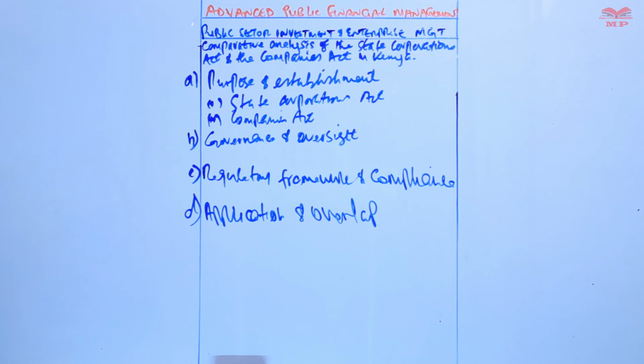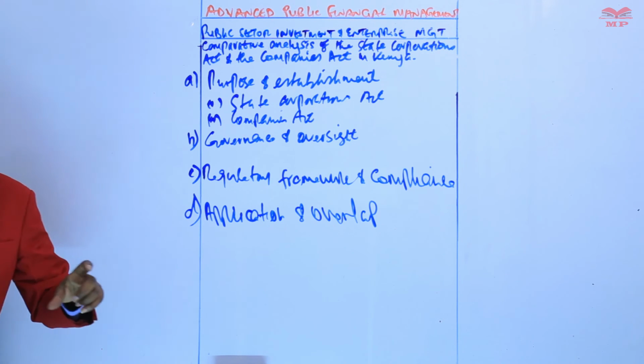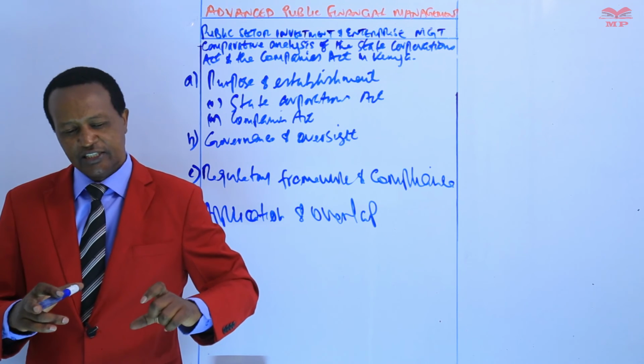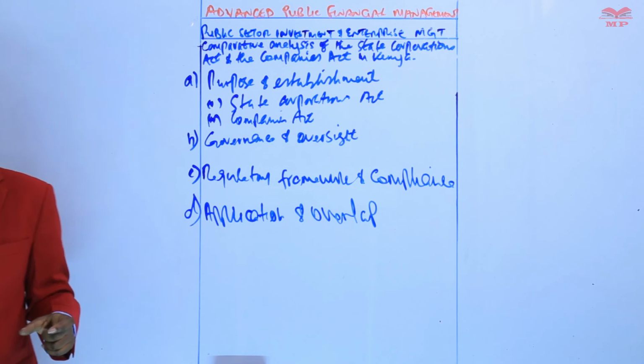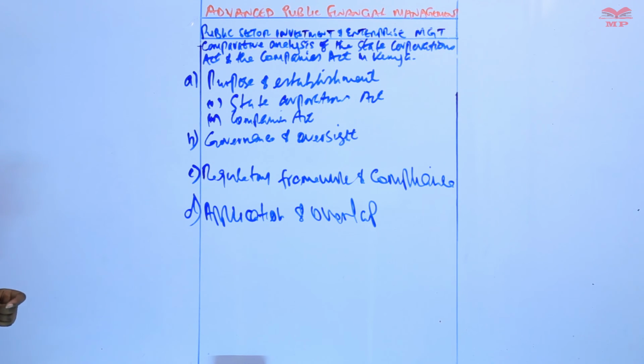And it becomes subject to the provisions of the State Corporations Act as well. And that creates an area of overlap where a single entity must comply with the requirements of both acts. That's the overlap we are talking about.